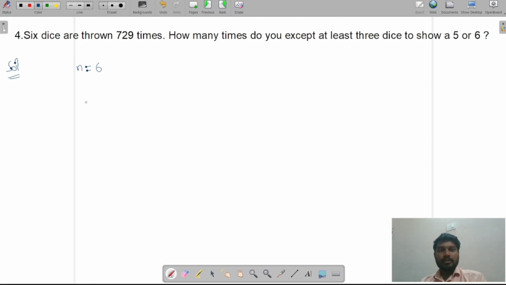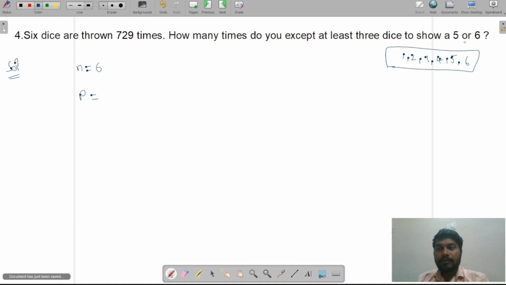Okay, right. Now what will be the value of p? What are the possible outcomes? 1, 2, 3, 4, 5, 6. These are the possible outcomes. In these possible outcomes, p is expressing 5 or 6.